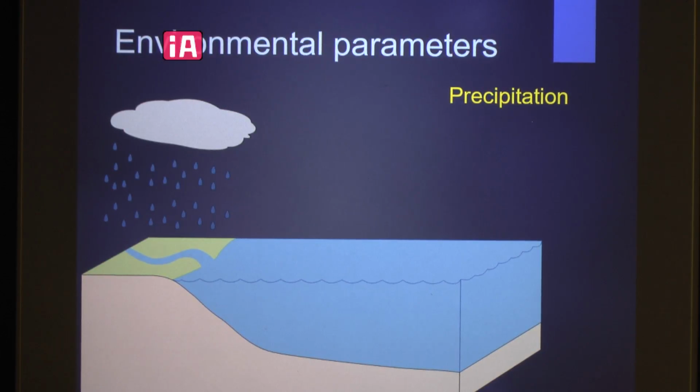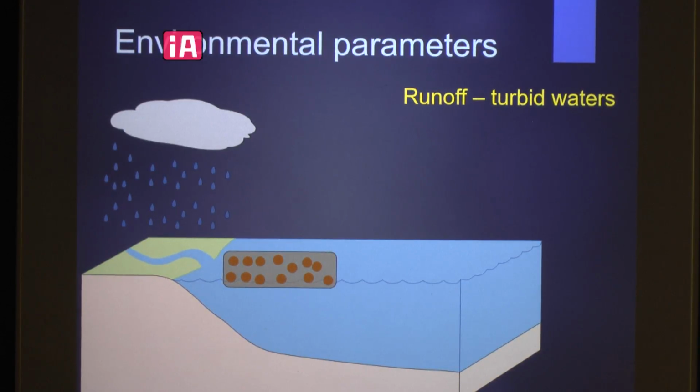When we have precipitation, what we think of is specific particulate matter. This particulate matter can be associated as well with viruses, pathogens, and bacteria. And through increased rainfall, we have runoff, which is going to lead to turbidity and more turbid waters, also correlated with high fecal pollution and other viruses in the water.